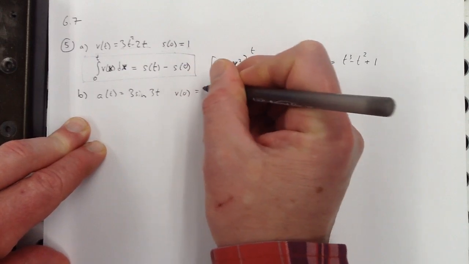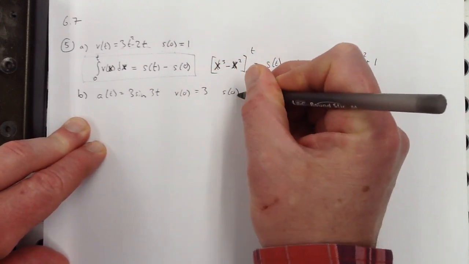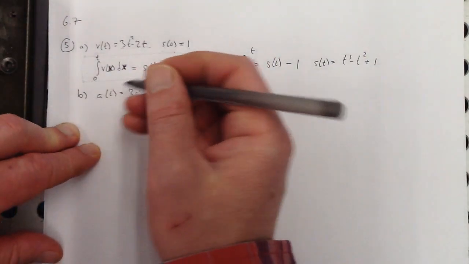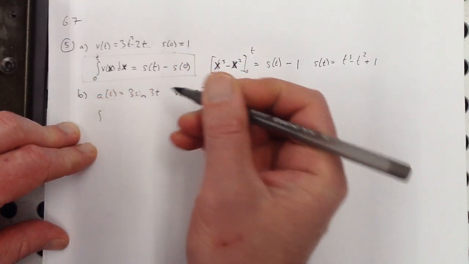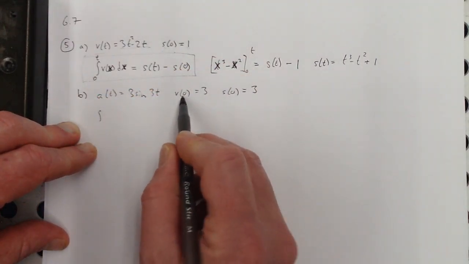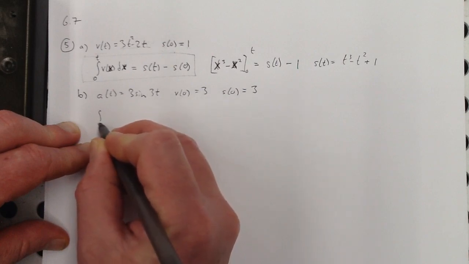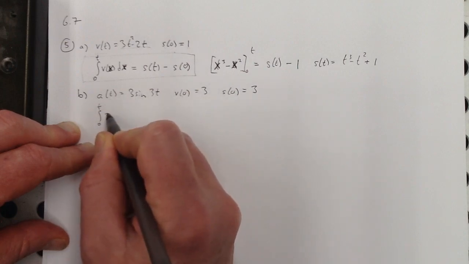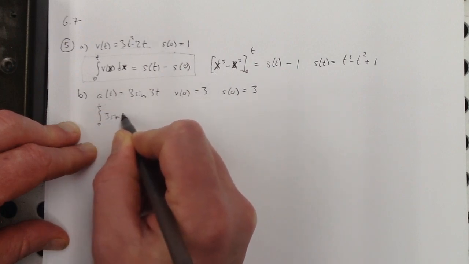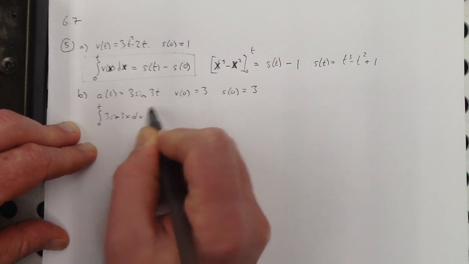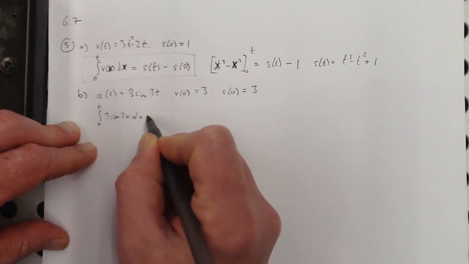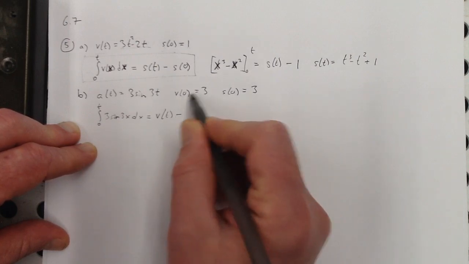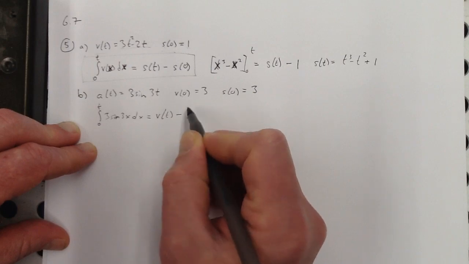So we're going to have to go 2 levels here to get back to position. So let's see. The antiderivative from 0 to t of 3 sine 3x, I'm using x's for the same reason that we just talked about, is going to be equal to the velocity at time t minus the velocity at time 0.